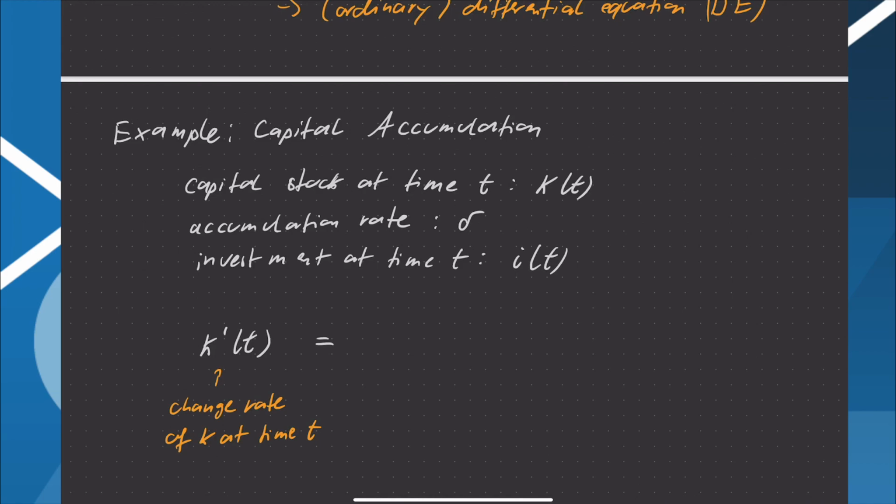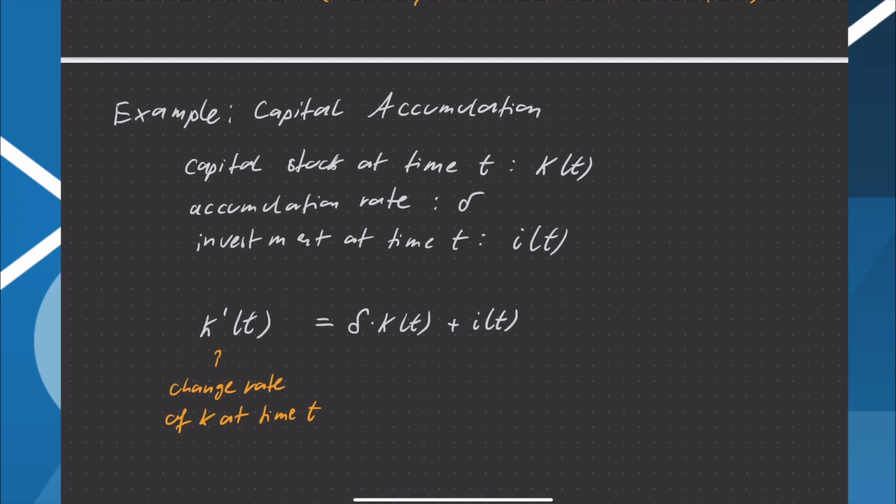So that is delta times k of t. And then it also changes according to the investment. So if you invest, then of course there is a change in capital. And there can also be a negative investment, meaning you take something out of your capital stock. And of course that also leads to change. So this is the function that we are looking at. K prime of t equals delta times k of t plus I of t.